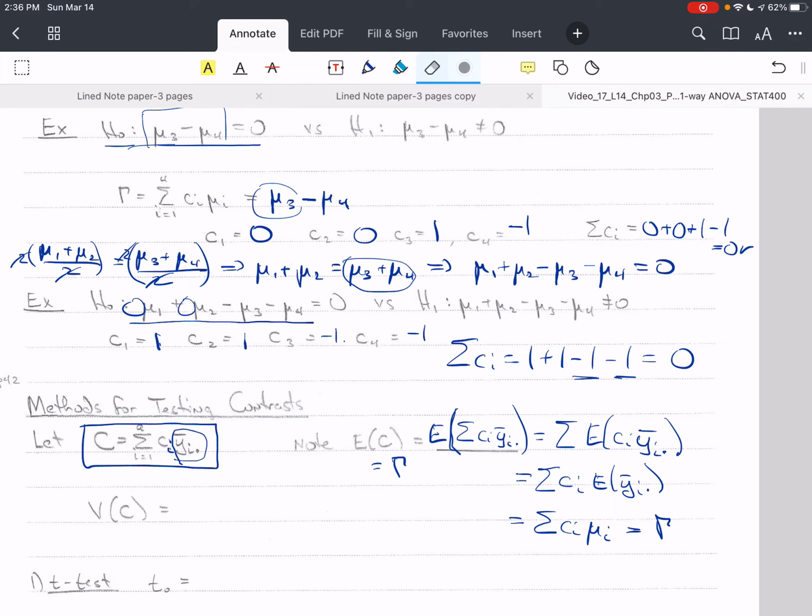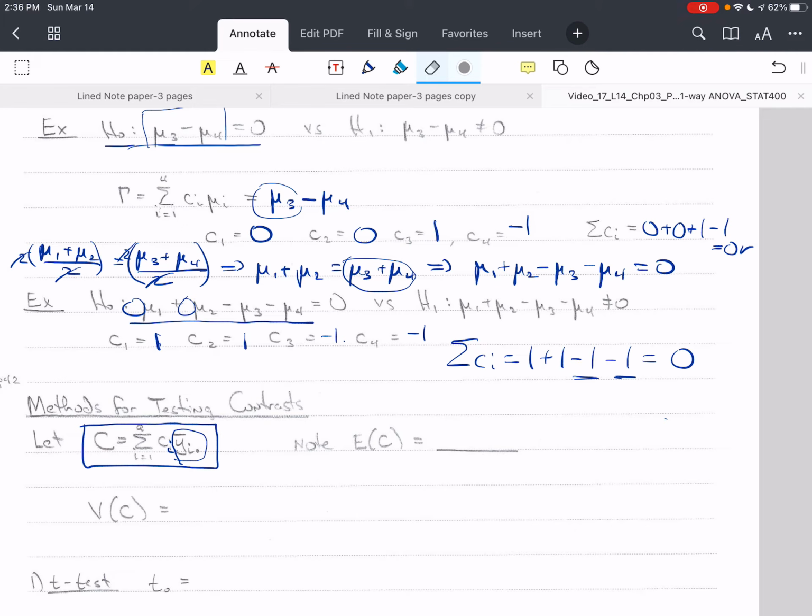Now let's do the same thing with the variance. I want to remind you that the variance of x bar is equal to sigma squared over n. So the variance of yi dot bar is equal to sigma squared over n, because remember that we said that for all levels of I, we have a constant variance, the same variance, sigma squared.